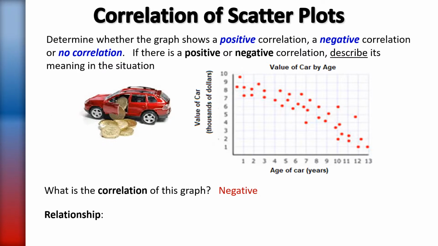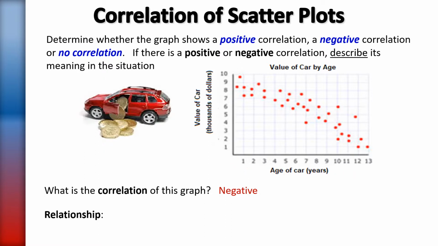The data being studied here is the age of a car and the value of the car. So the relationship here, you would describe it first on your x-axis.